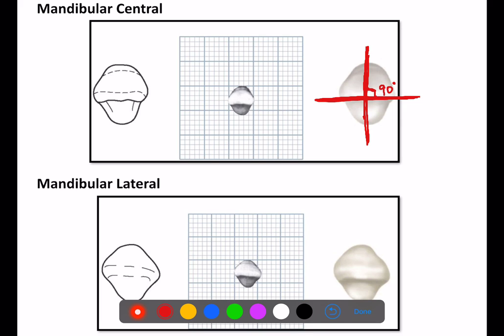Whereas for the mandibular lateral, that is not the case. This is not exactly a right angle. The reason is that the crown is a little bit twisted on its root base. So this is the main distinguishing feature between the mandibular central and lateral when given a diagram-based question.